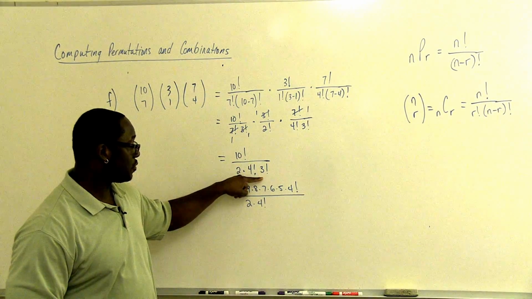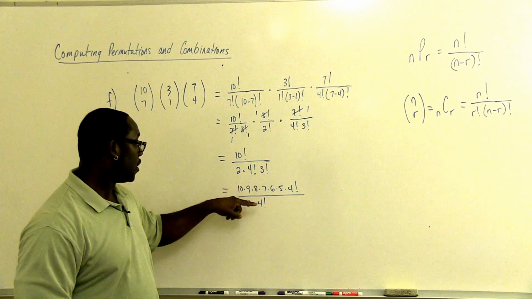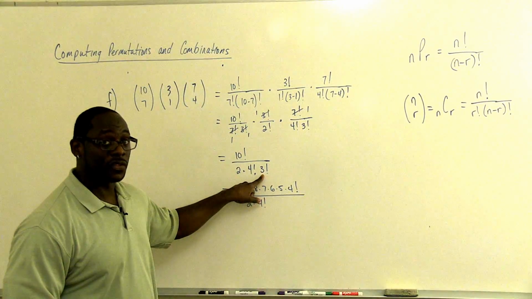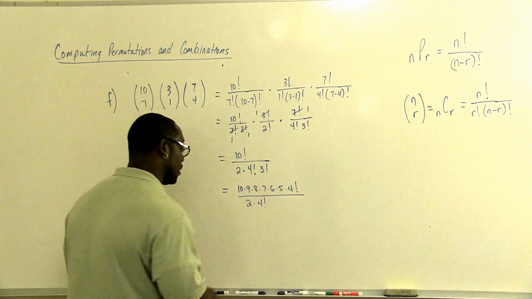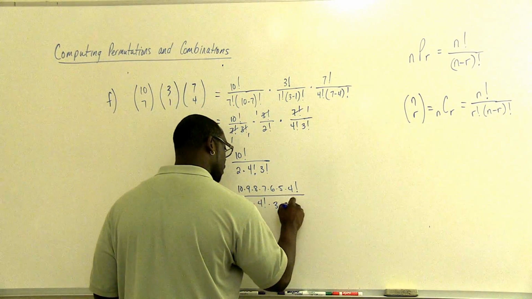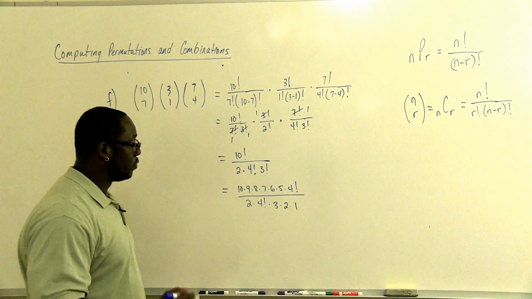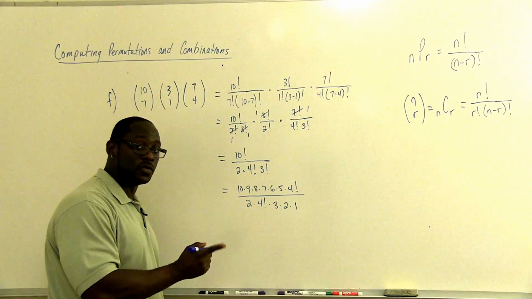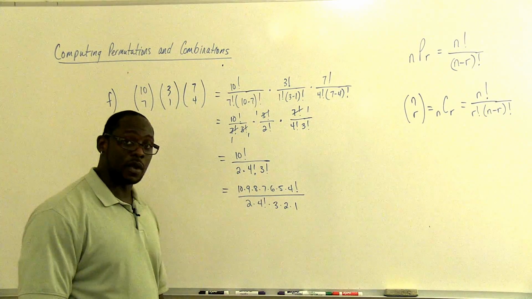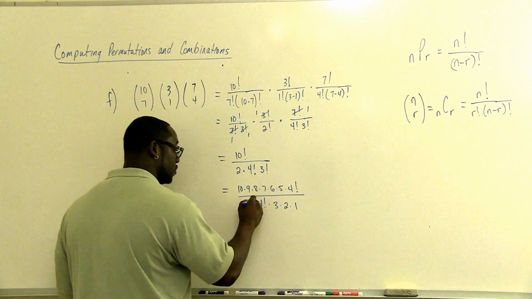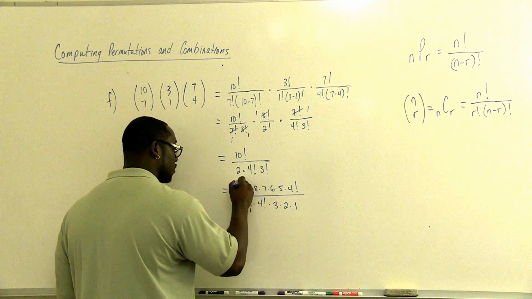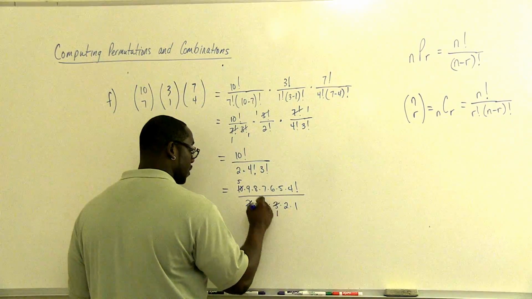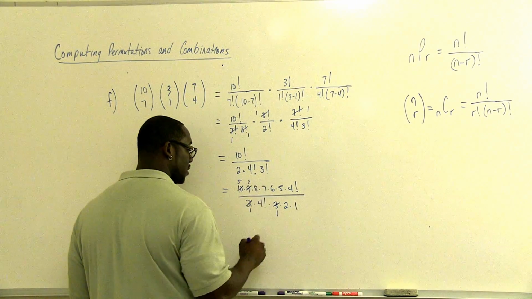And now, since we're not going to go any further here, what we could do is just write out 3 factorial as 3 times 2 times 1. And so now we should have something that will either reduce to 1 or reduce somehow with something in the numerator. So here we have this 2. 2 goes into 10 5 times. We have this 3. 3 goes into 9 3 times.